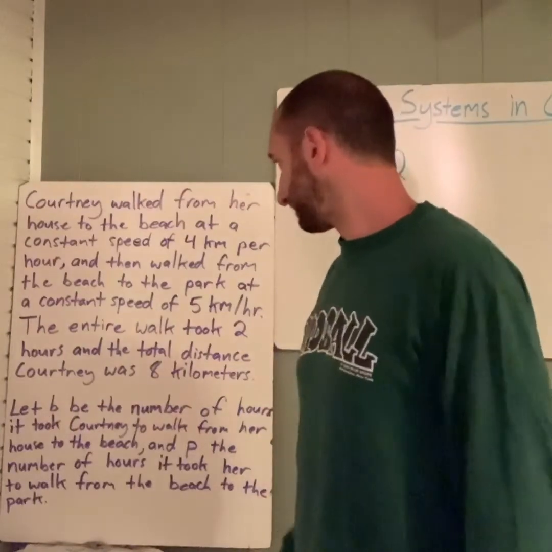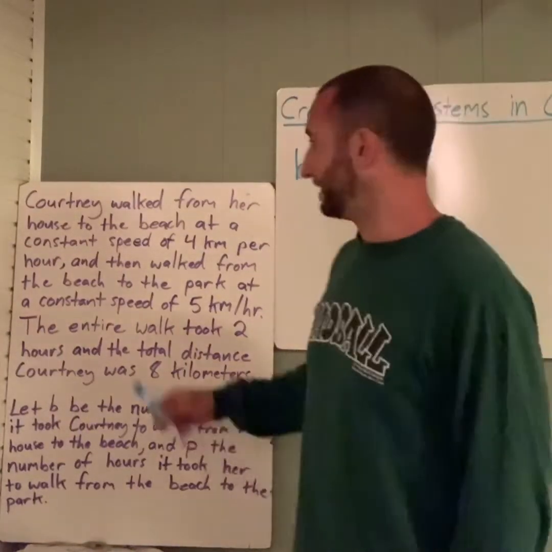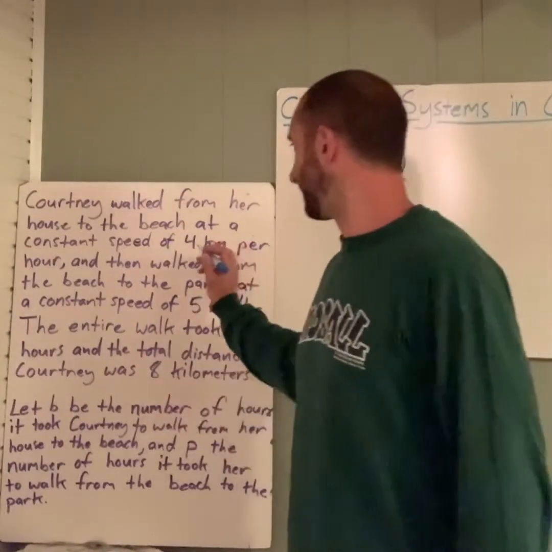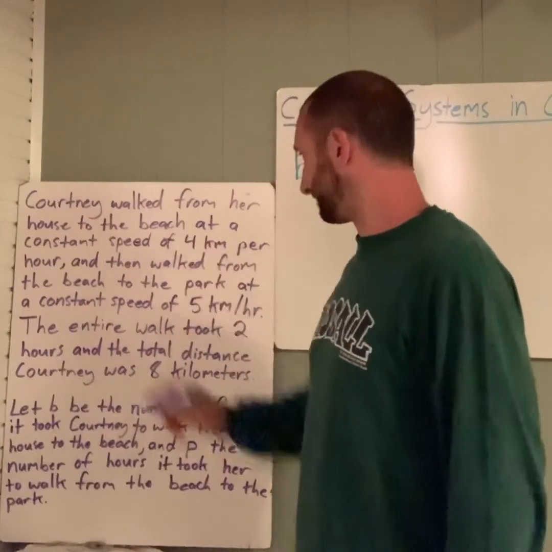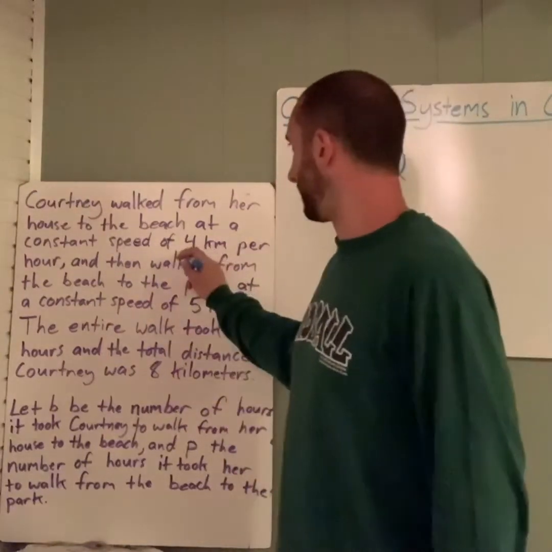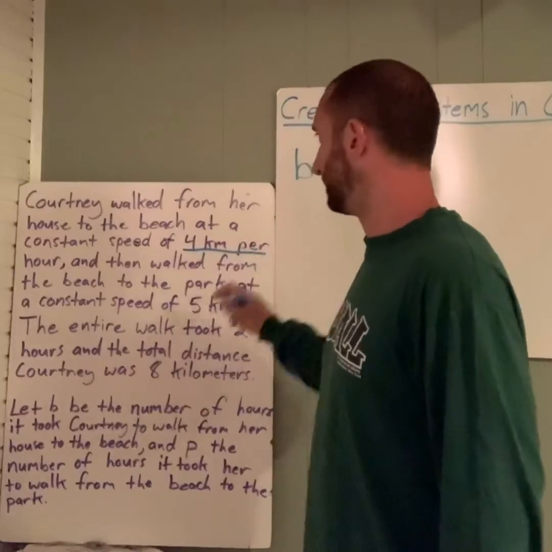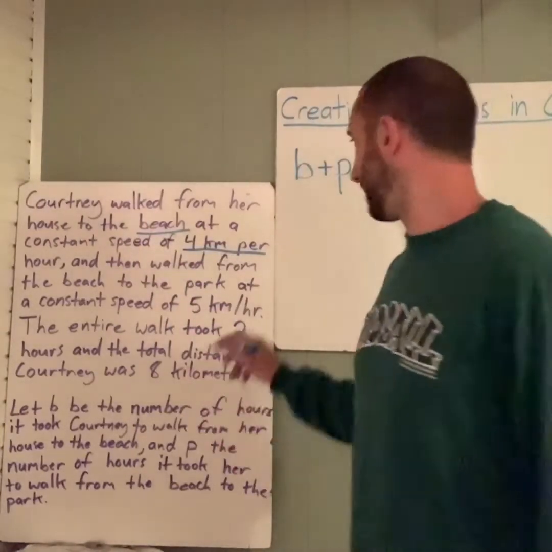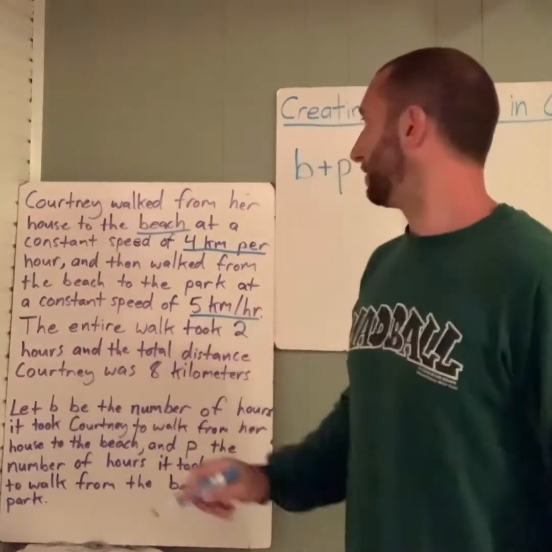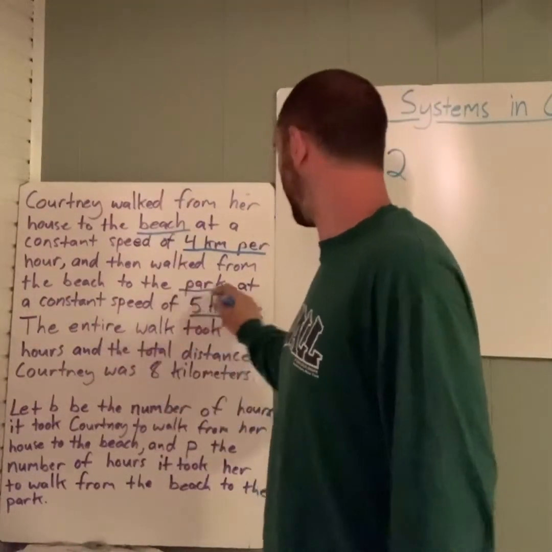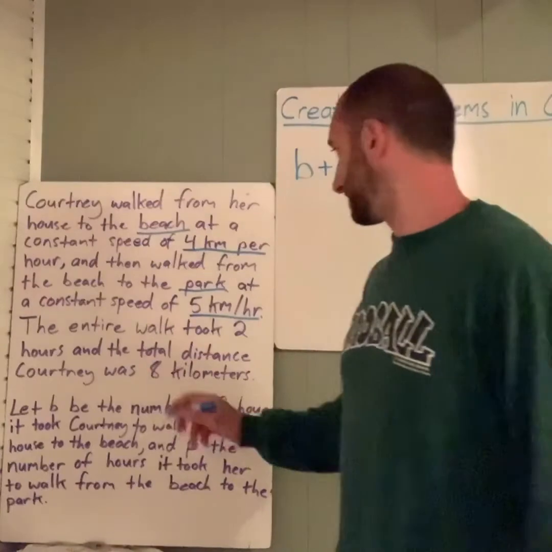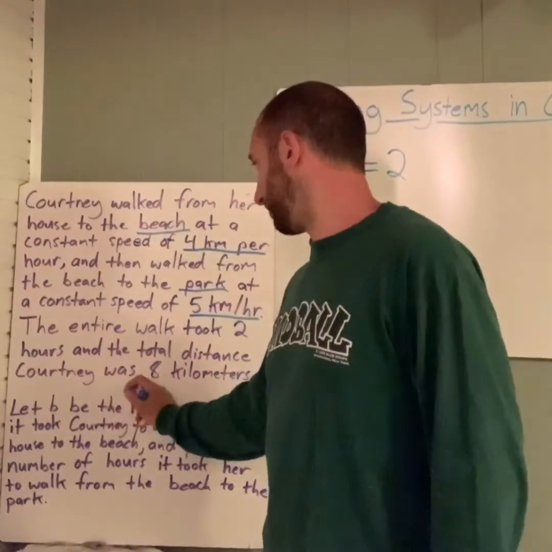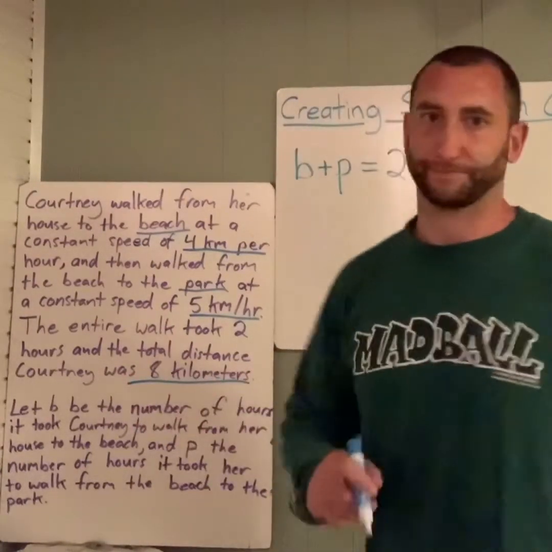All right. Now, what did we not use? We didn't use anything about her speeds. We didn't use anything about 4 kilometers per hour when she was walking to the beach. And we didn't use anything about 5 kilometers per hour walking to the park. And we didn't use the fact that she walked 8 kilometers total.